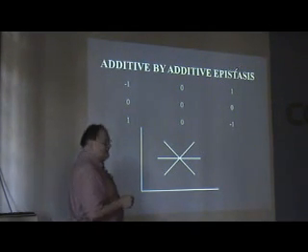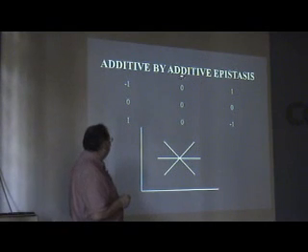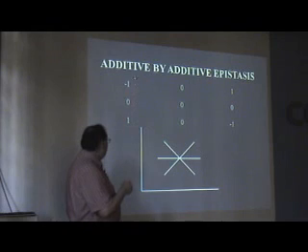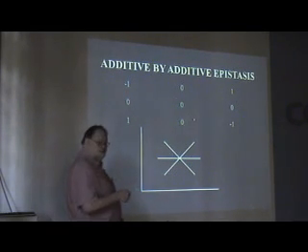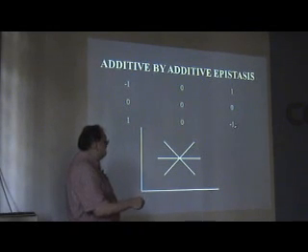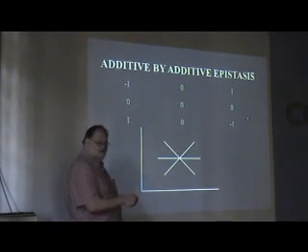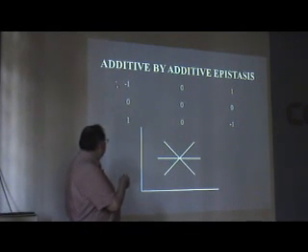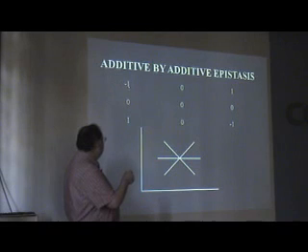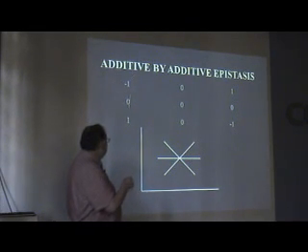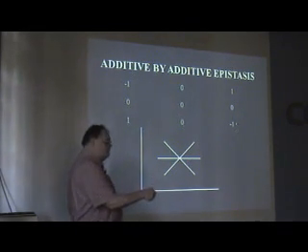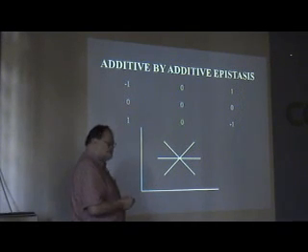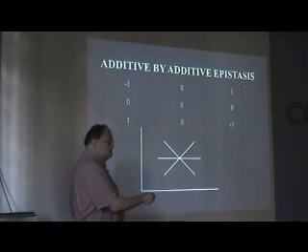So this is additive by additive epistasis. You can see in the first column, A is +1. The second column, A is 0. There's no differences. The third column, A is -1. So the additive genotypic value at the second locus over here changes from +1 to 0 to -1 as we go across the genotypes in the columns. And the same thing happens to the rows here.